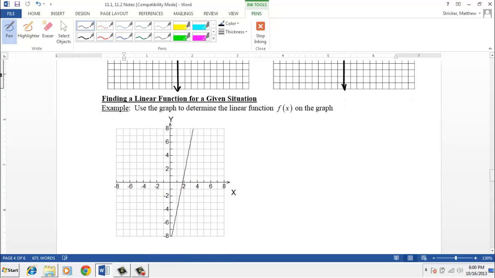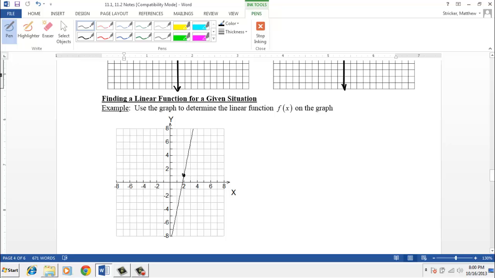And really, whenever we want to try to come up with a linear function or a linear equation, we need two things. We need the slope and we need a point. And really, in this case, the place to probably start is to just think about a couple of points that are on this graph.